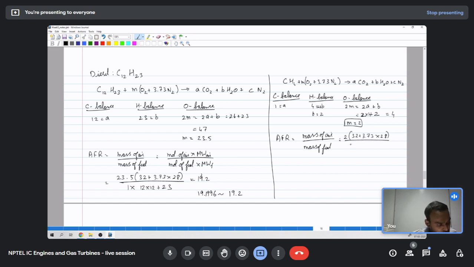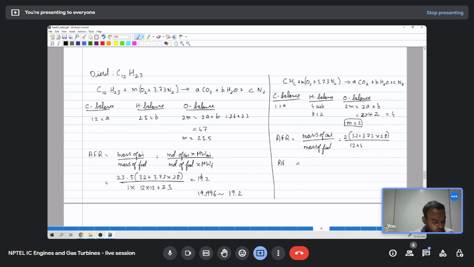For fuel I have 12 plus 4. I have only 1 mole of methane, and 1 methane will have 1 carbon atom and 4 hydrogen atoms. So for 1 carbon atom it is 12 gram per mole, and for 4 hydrogen atoms I have 4 gram per mole.